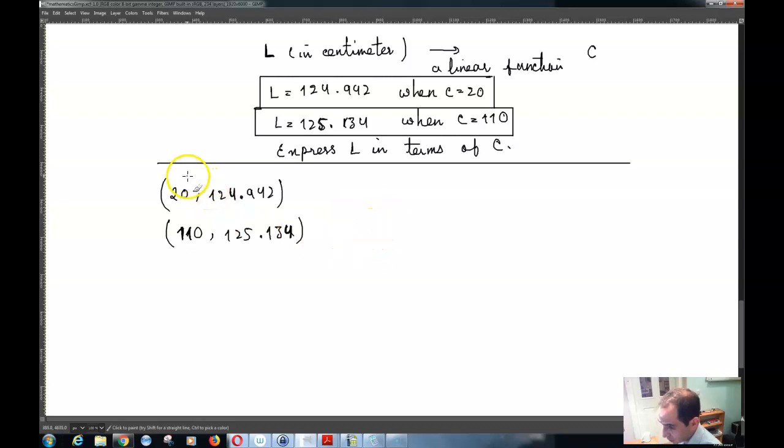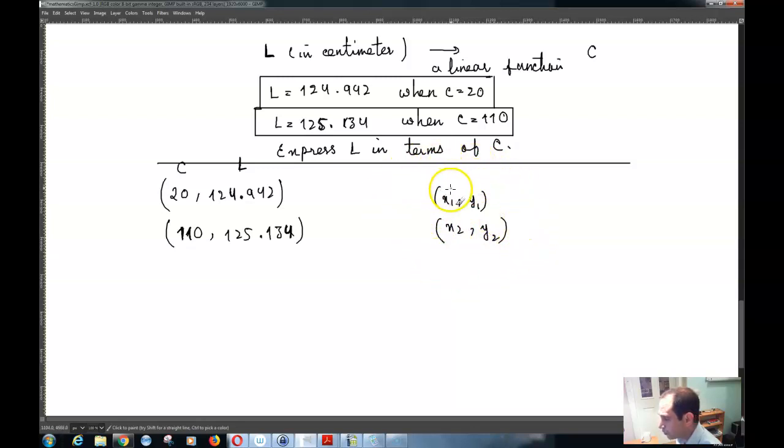Of course, these numbers are your C's and these are your L's, but you can plot these points along the horizontal axis, which is normally the x-axis, and then along the vertical axis, which is normally the y-axis.